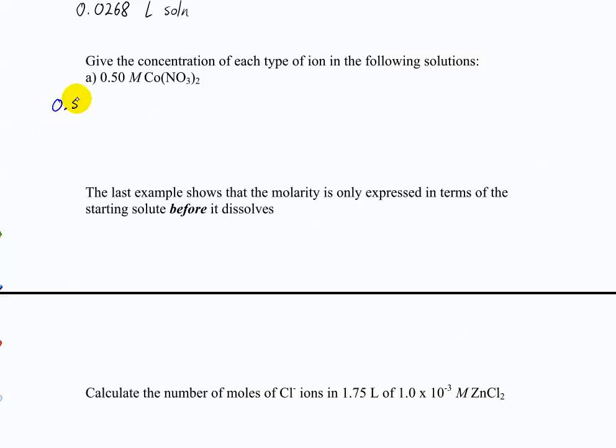So what we're effectively saying is that there are 0.5 moles of copper nitrate in each liter of solution. That's what the molarity is telling us, right? So we know that when we actually dissolve this in solution, I'm sorry, I've been saying copper.